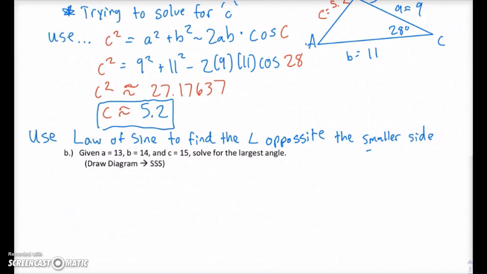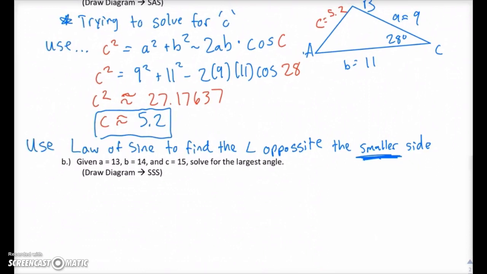The reason why we find the angle opposite the smaller side is because when we're dealing with acute triangles, it helps us not deal with the ambiguous case as much. Using the smaller side is safer, because if we use the bigger side, we might have multiple cases. I'll be writing it right here in green.